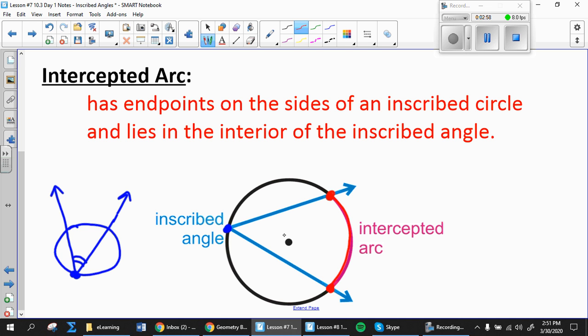It's the arc that is intercepted, it's crossed by this inscribed angle. So this arc from this side of the angle to this side of the angle, we call that an intercepted arc. So we have an inscribed angle, it creates this intercepted arc.